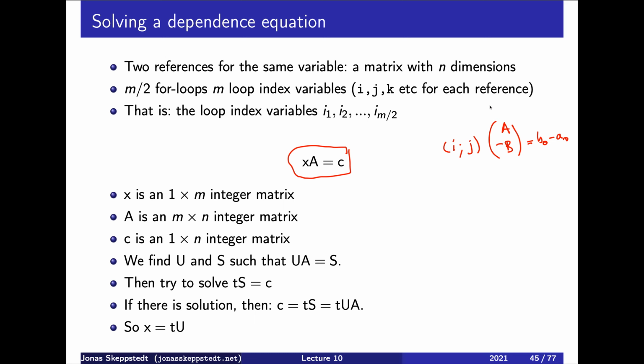We said that there were m loops in this, but now we let m be twice the number of nested for loops. So we say that x is an m vector. How can we solve this?